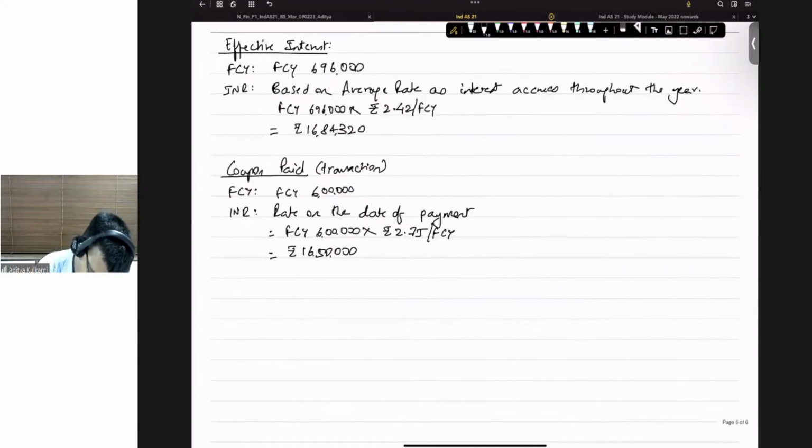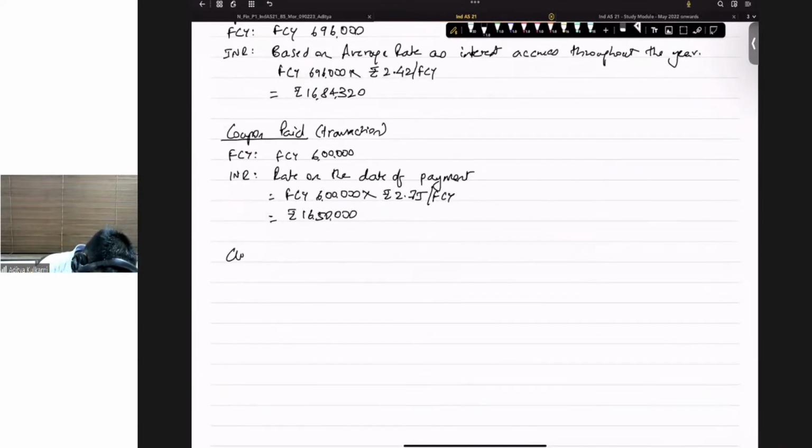Okay. And finally, closing balance. So closing balance in foreign currency terms, it was how much? 58 lakhs 96,000.